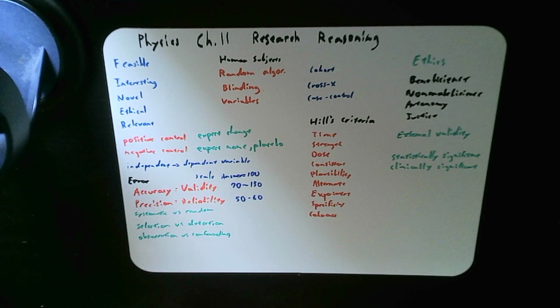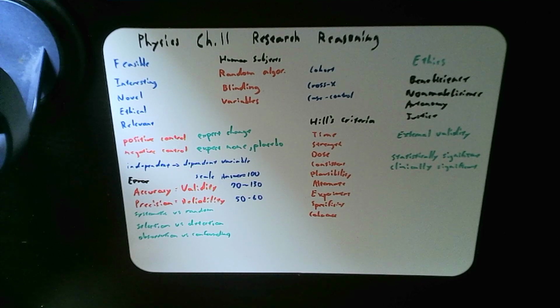So this can be solved using single-blind and double-blind experiments, by making the experimenter and the subject not know what each other is doing. Observation versus confounding variables. Observation is what you can see, and a confounding variable is like a third variable that's not between two variables. So it's not an independent or dependent variable causation, but rather a correlation instead.